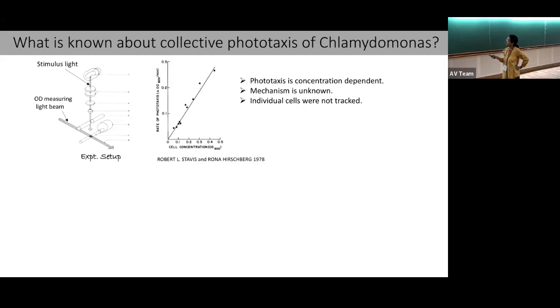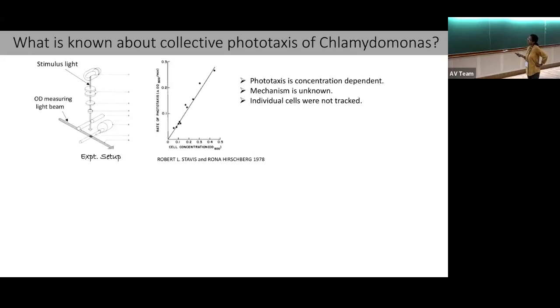When you turn on the light, the optical density keeps on increasing. The rate of phototaxis, which is the change in OD per minute, is a function of cell concentration. So it was established that there is collective phototaxis.